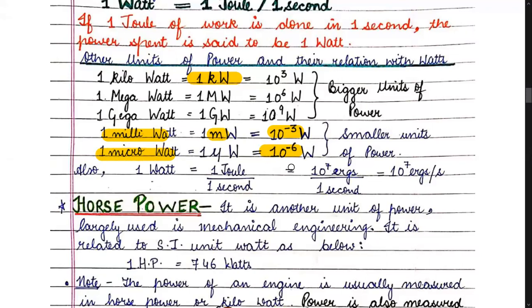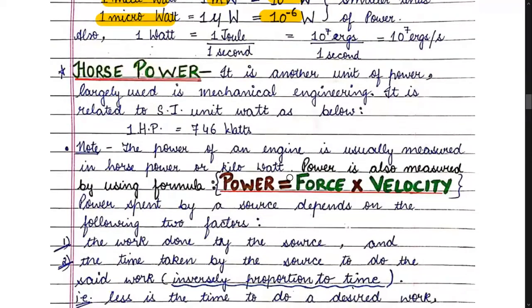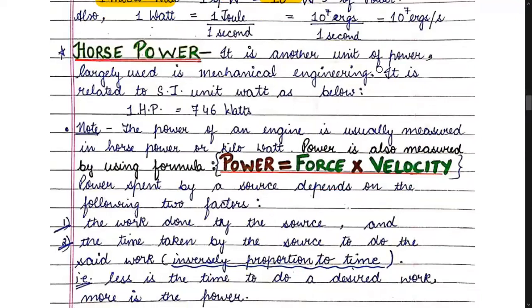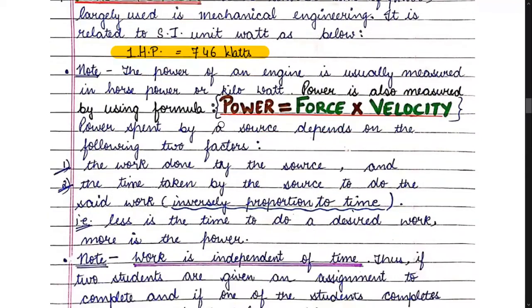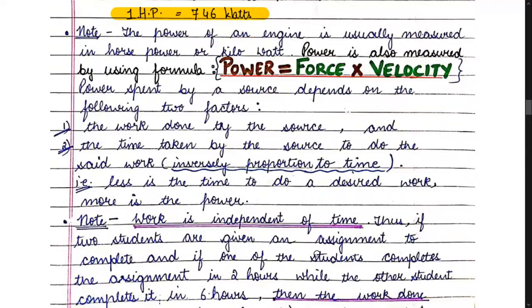So children, milliwatt and microwatt are smaller units of power, while kilo, mega and giga watts are bigger units of power. And then we have one more unit of power, which is used in mechanical engineering. You can write horsepower like this: 1 capital H dot capital P dot, and its value is 746 watts. Children, the power of an engine is usually measured in horsepower or kilowatt.